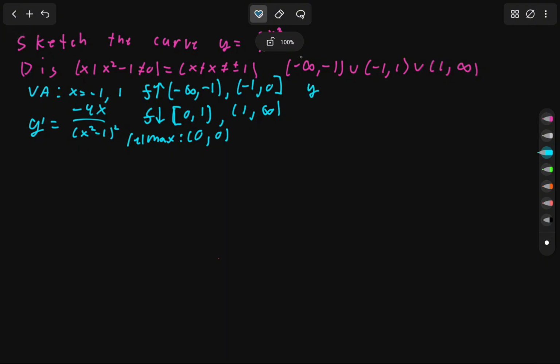So we will get y double prime is equal to the derivative of the top, which is -4, times the bottom, which is just x squared minus 1 squared, plus 4x times the derivative of the bottom, which is going to be 2 times x squared minus 1, apologies, times the derivative of the inside, which is 2x.